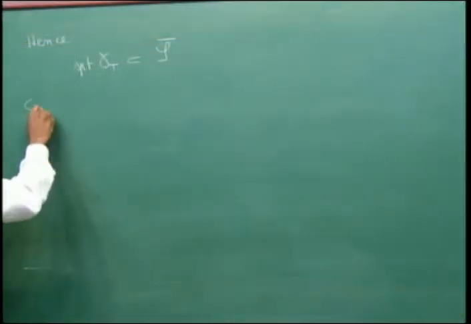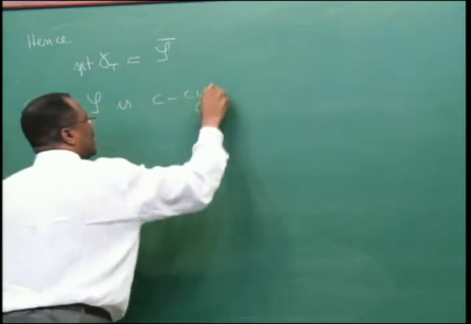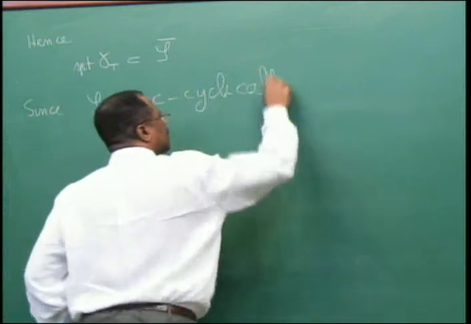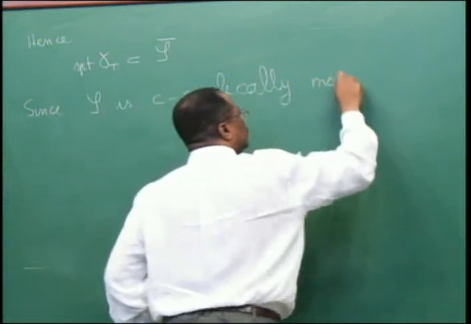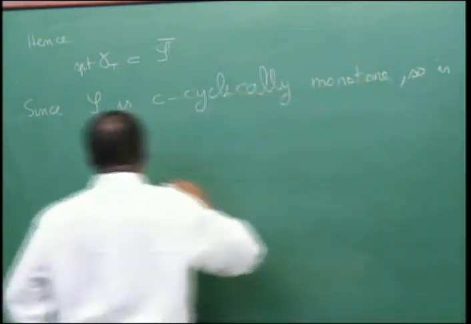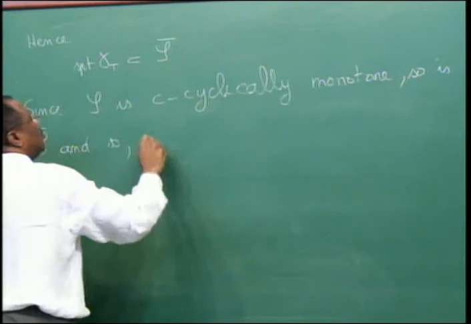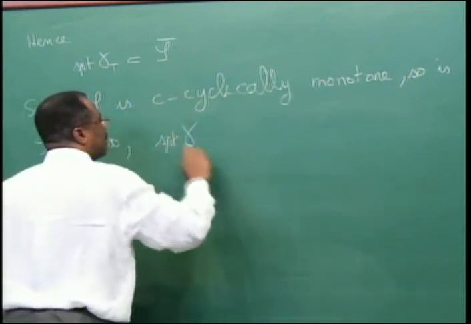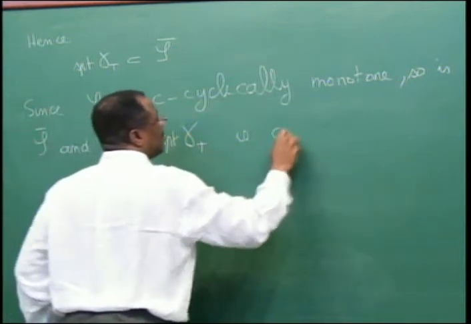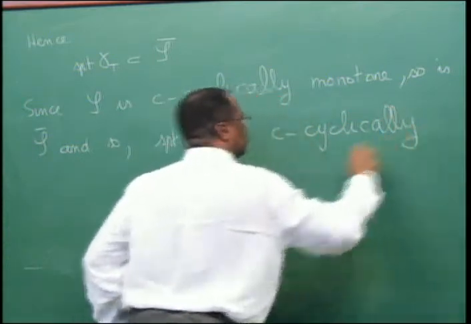Since S is C cyclically monotone, so is S bar, and so the support of gamma t is C cyclically monotone.